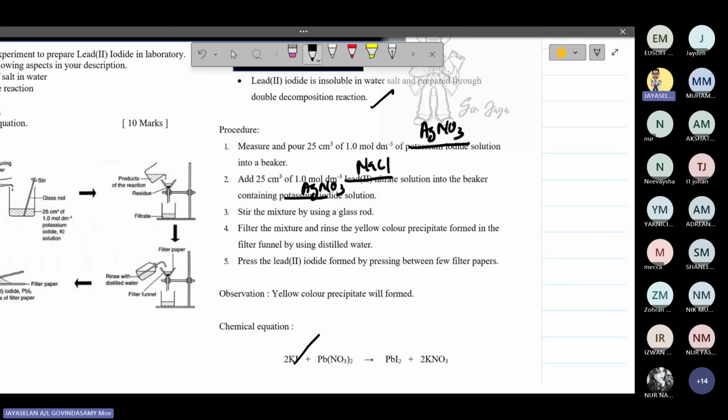Stir the mixture using a glass rod. Filter and rinse. You can rinse because it is known as silver chloride, insoluble, right? Rinse the white precipitate formed in the filter funnel. Press the silver chloride salt between a few filter papers. What is your observation? If the observation is asked, white precipitate is formed.